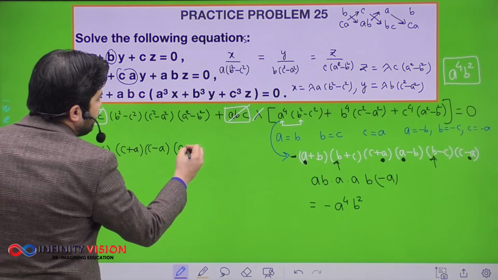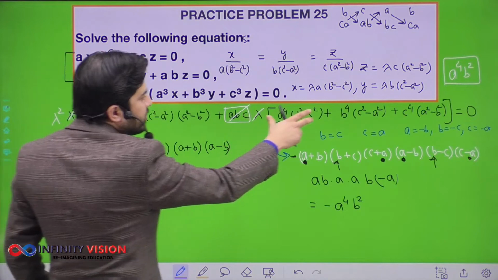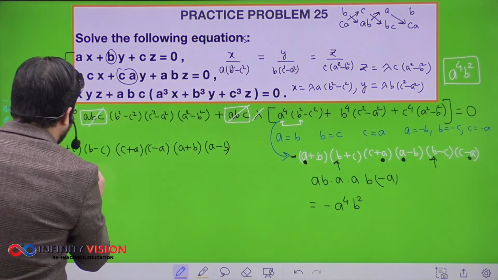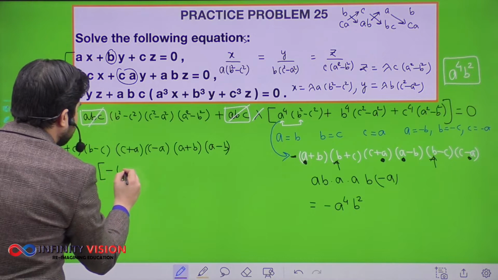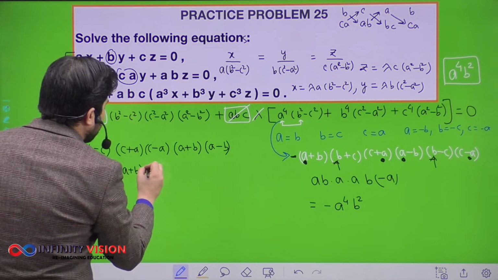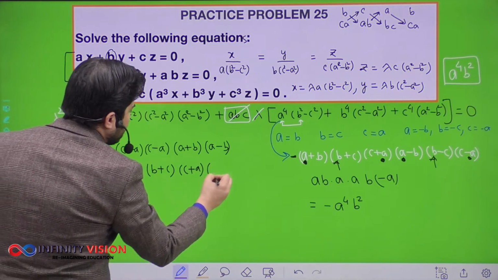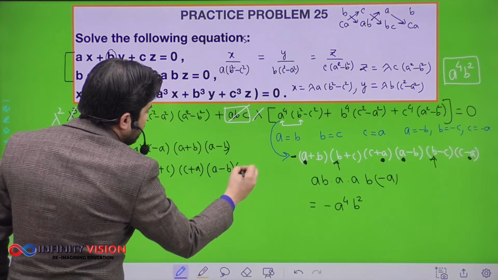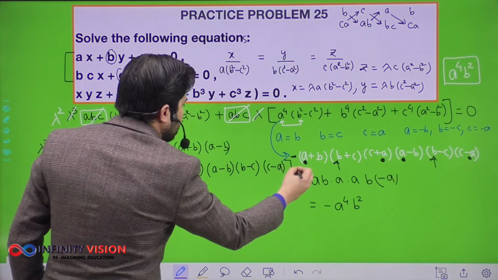It would be a plus b into a minus b, and the expressions which we have factored would be plus a plus b into b plus c into c plus a into a minus b into b minus c into c minus a equals to 0.